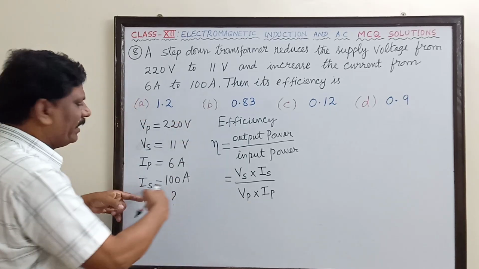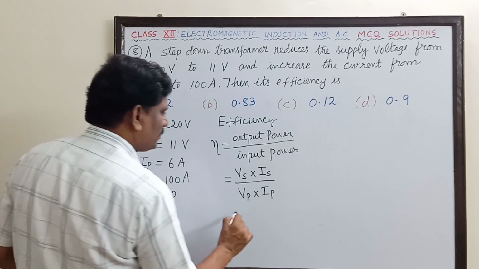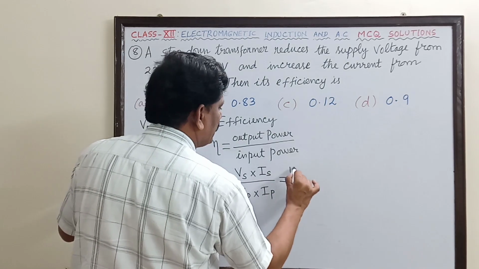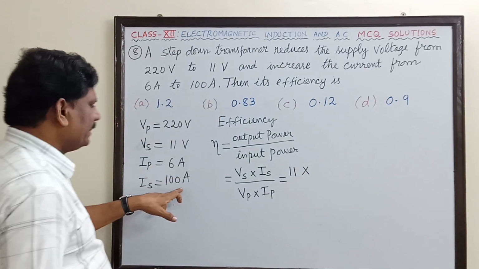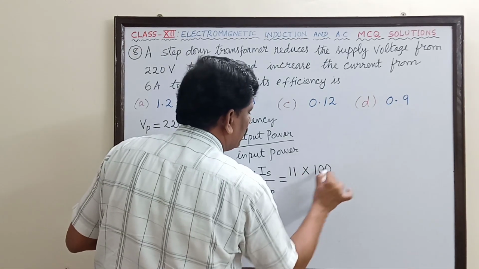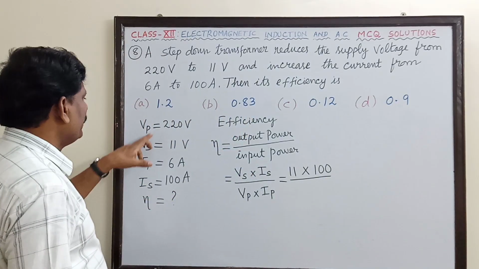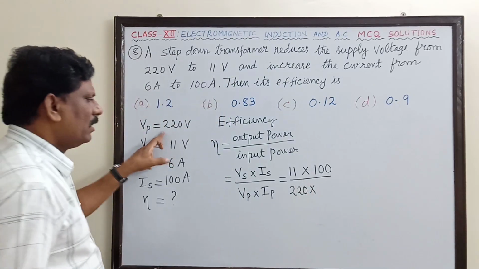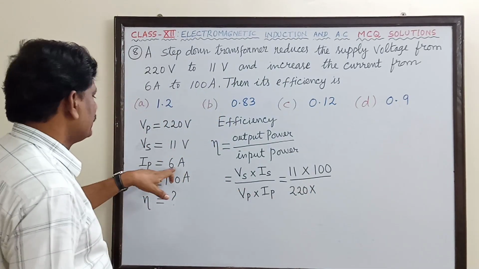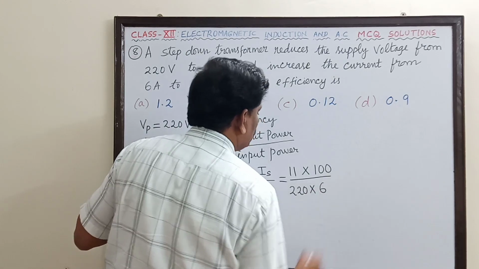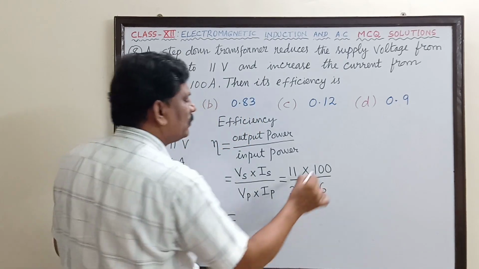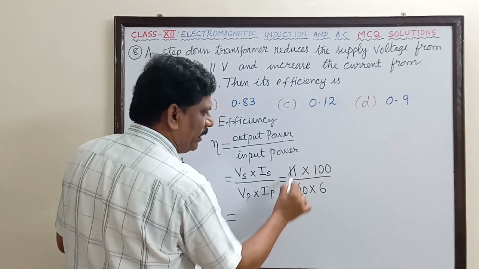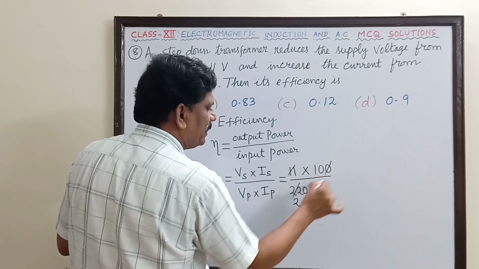So all values are given. We have to substitute, that's all. So this is now equal to V secondary, 11 volt, into I secondary, 100, divided by V primary, 220, into I primary, 6. Now 11 twos are 22, 11 twos are 22, so one 0 can be cut with this.